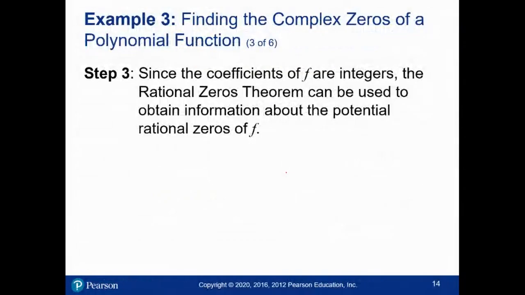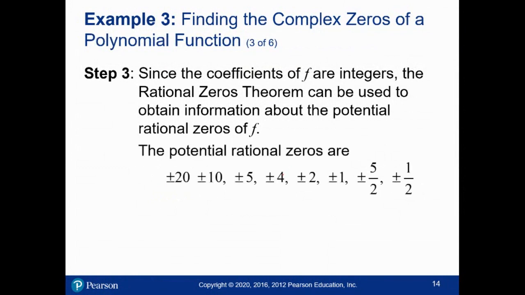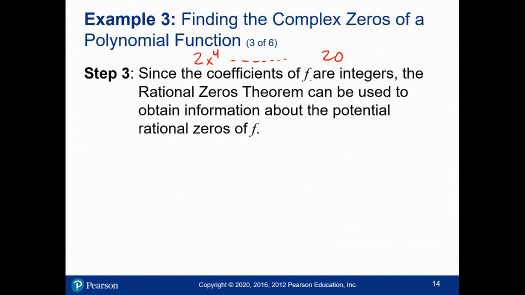Okay. All right. The coefficients of f were integers, so we can use the rational zero theorem, sorry. Okay. Now, we had a 2x to the fourth, and then we ended with a 20, right? Let me just go back and verify. Yes.